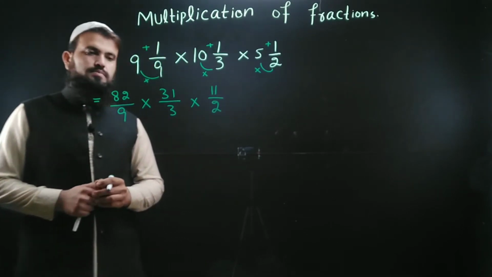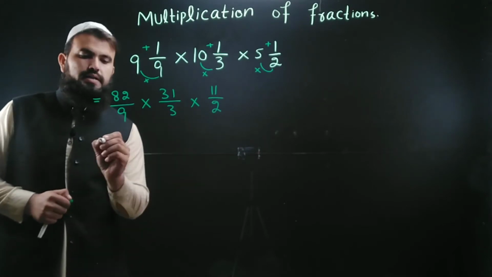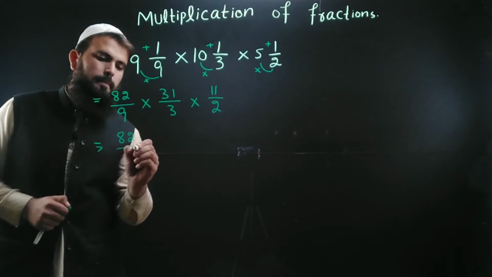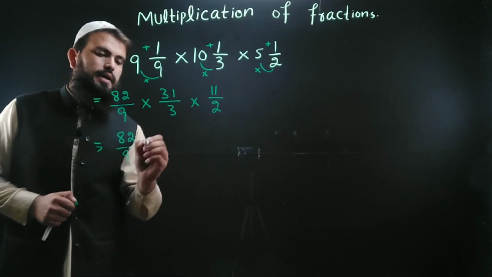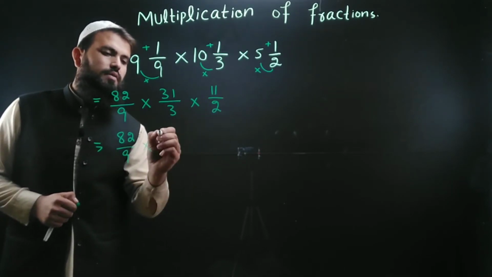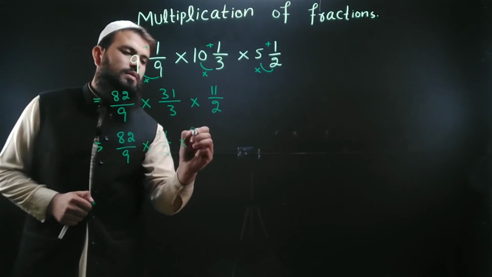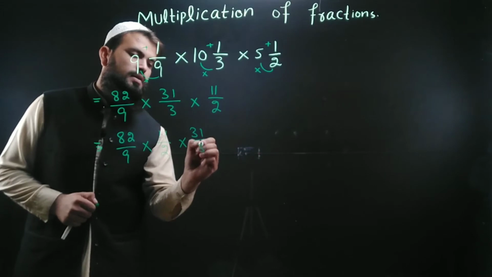Next step is to rearrange this fraction: 82 by 9 multiplying with 11 by 2 multiplying with 31 by 3.